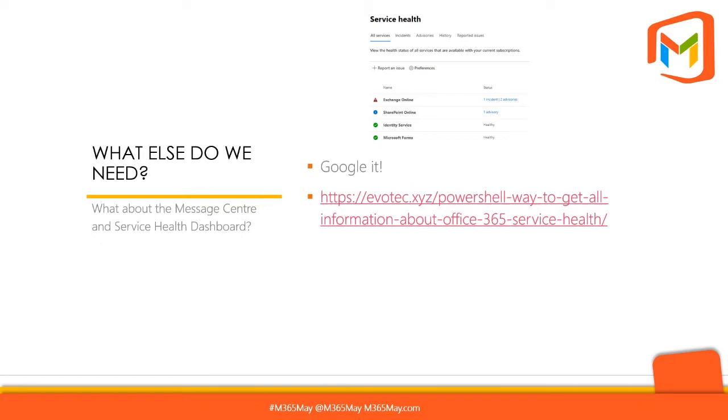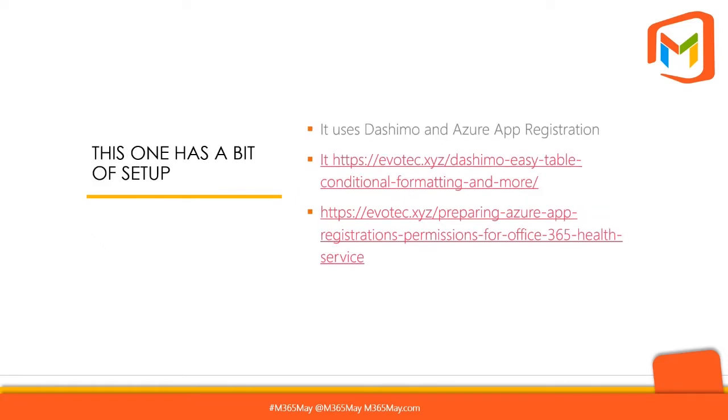So our friends at Evotec have done this really nicely. There is a wee bit of a setup. It uses Dashimo, which is a dashboarding module, and it requires an Azure app registration. All the details are in those links.